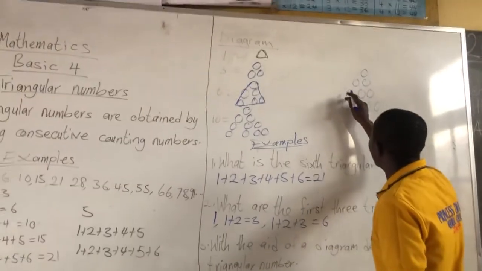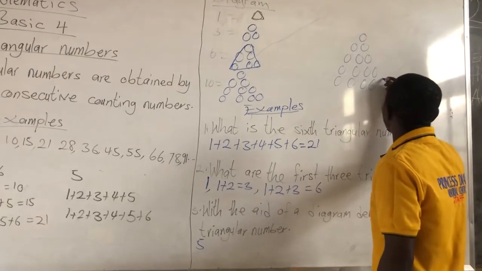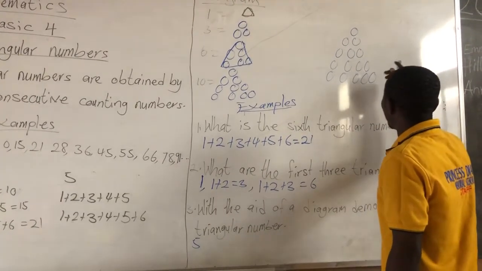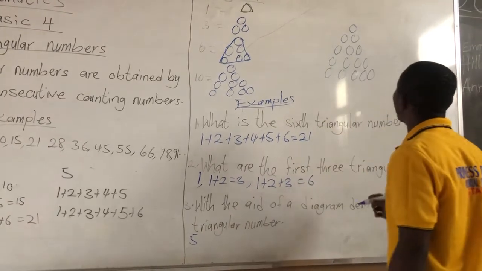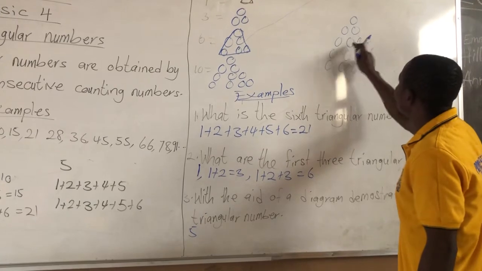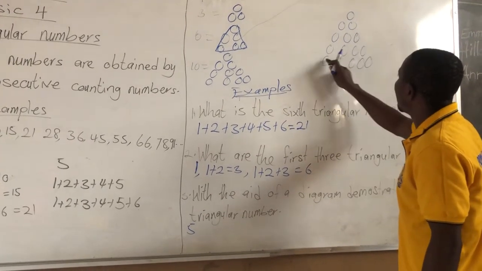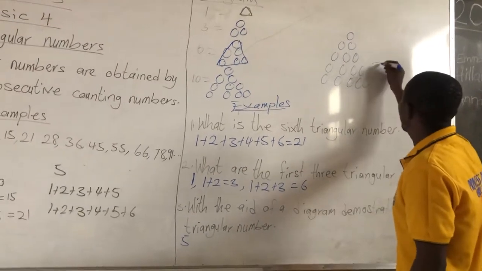The last one is for the fifth one. So we have 1, 2, 3, 4, 5. Okay? So you can see that. Now we are going to count it and see. We have 1, 2, 3, 4, 5, 6, 7, 8, 9, 10, 11, 12, 13, 14, 15. 15.